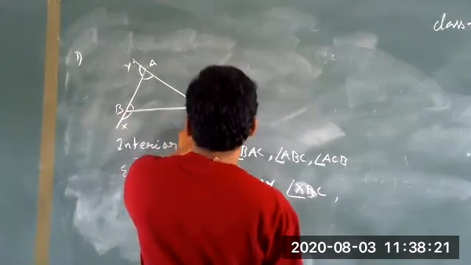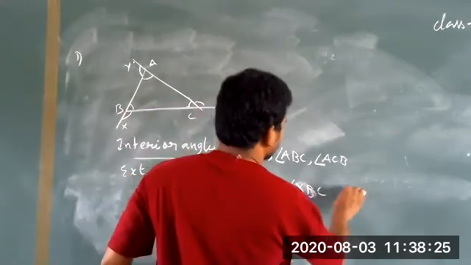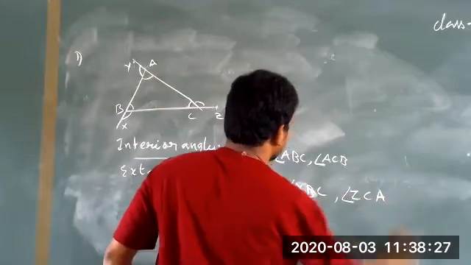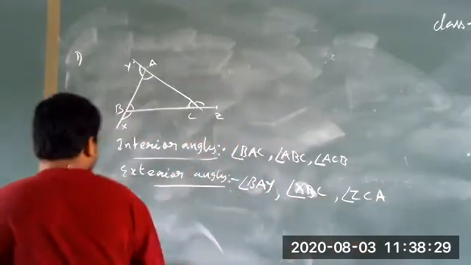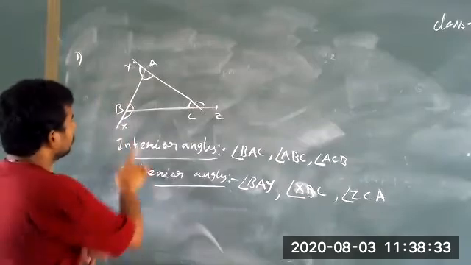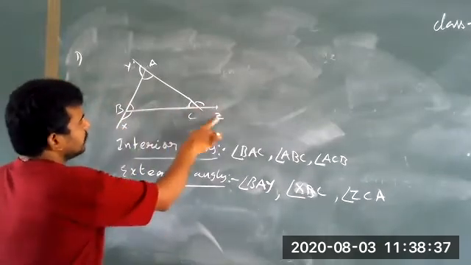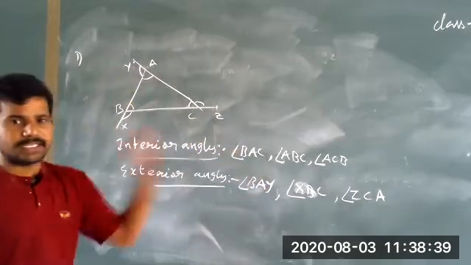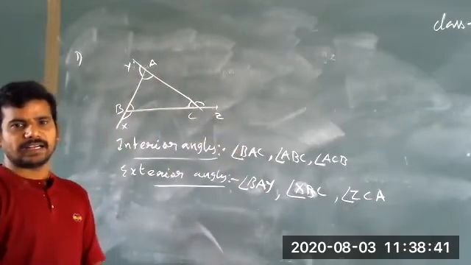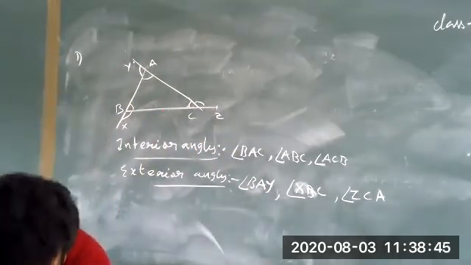Now this angle: ZCA. So the exterior angles are BAY, XBC, and ZCA. These are the exterior angles of triangle ABC. Clear, children?